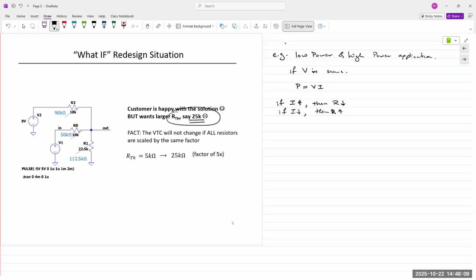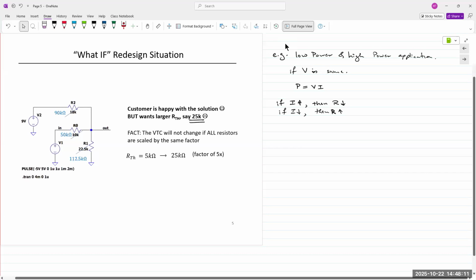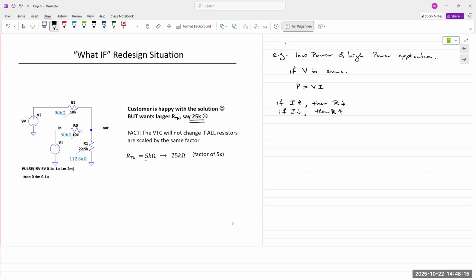Let's say you wanted 25 kilo ohms. All you have to do is scale up or down the resistance values. So if RTH is going from 5 to 25, it's a factor of 5. You simply multiply all resistors by 5. And so instead of 10K, we are now using 50K. So it'd be two 50K resistors in parallel in that circuit.